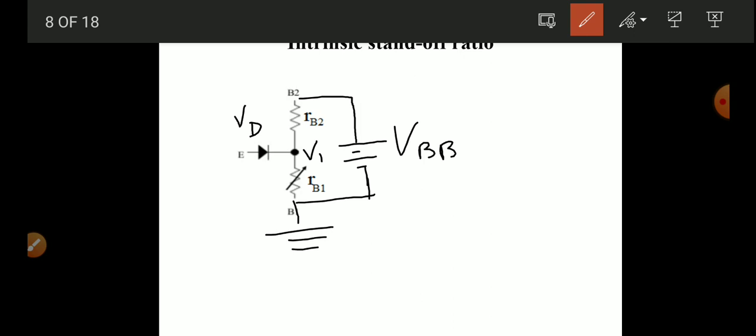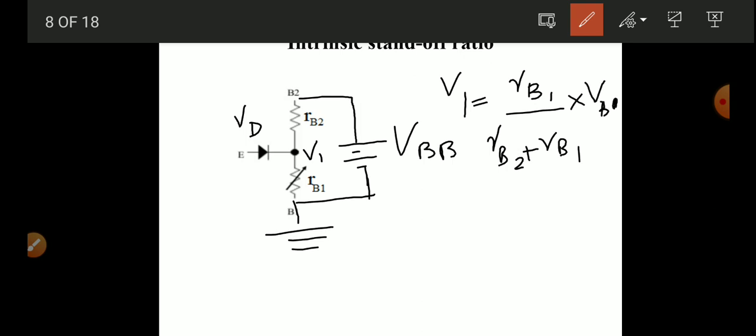The voltage across RB1 can be calculated by the resistance RB1 divided by the total resistance, RB2 plus RB1. So V1 equals RB1 by RB2 plus RB1 into supply voltage VBB. We can rewrite this as RB1 divided by RBB into VBB.